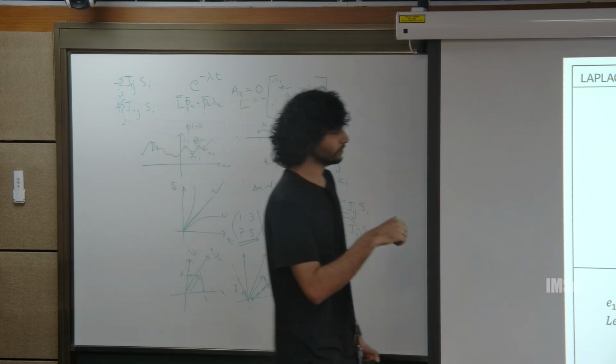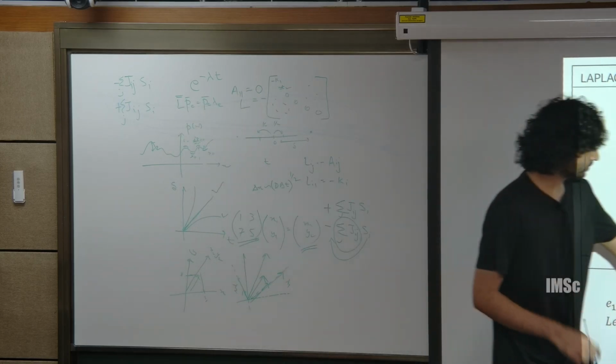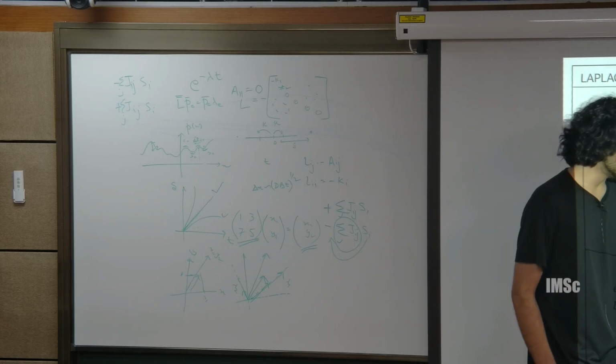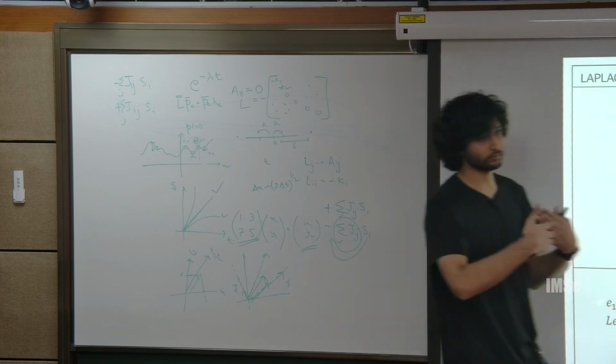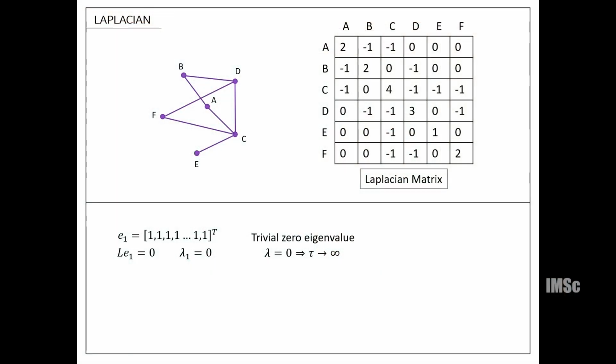And if you interpret it using the time scale argument, the zeroth eigenvalue tells you about the time scales which persist for infinite time. If you remember, time scales went inversely as 1 by lambda, right? So how do you interpret this result? Is there a natural way to interpret what the eigenvector is telling you?